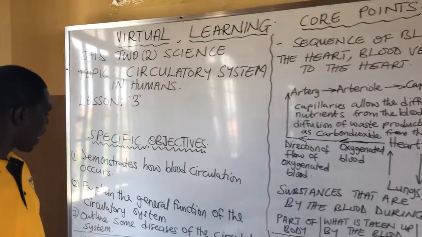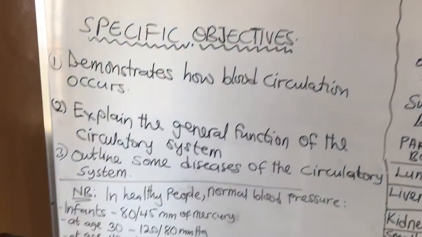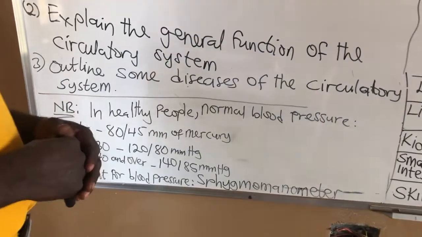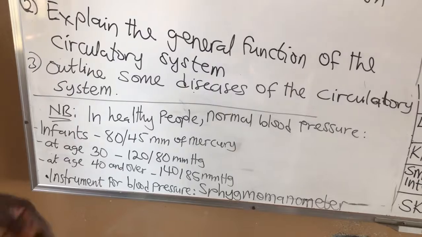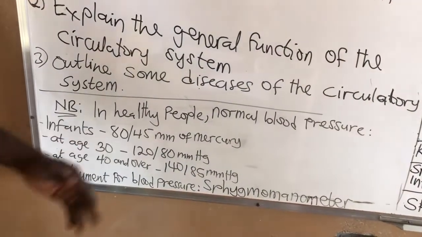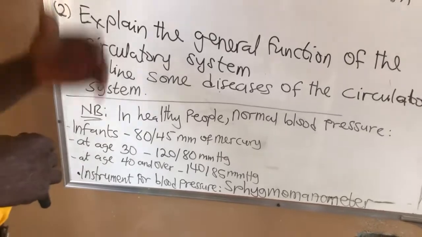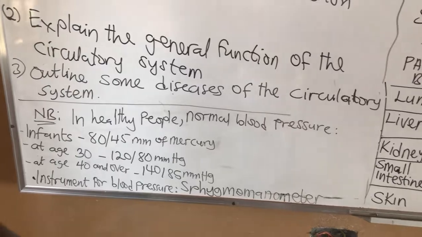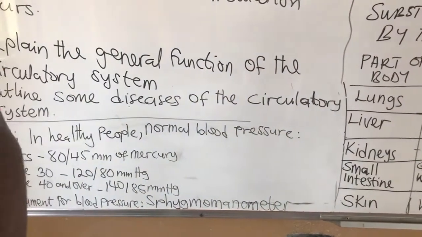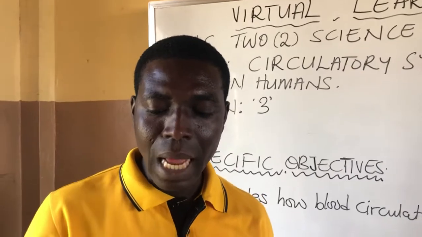But before we end our lesson, let's look at something here. In healthy people, the normal blood pressure in infants or children is supposed to be 80/45. We have two stages of the heart pumping: the systolic phase and the diastolic phase.